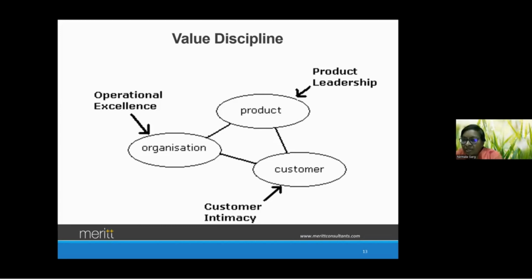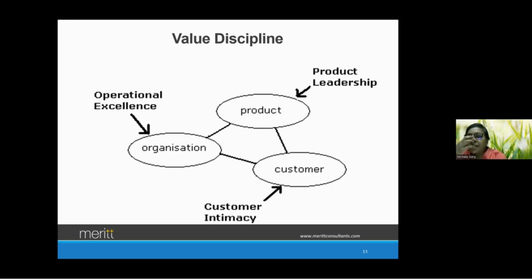Now, what are the 3 called? These 3 are value disciplines. Now, you may say, what are these value disciplines? Every organization, like for example Indigo, says, hey, I'm delivering certain value to the customer.